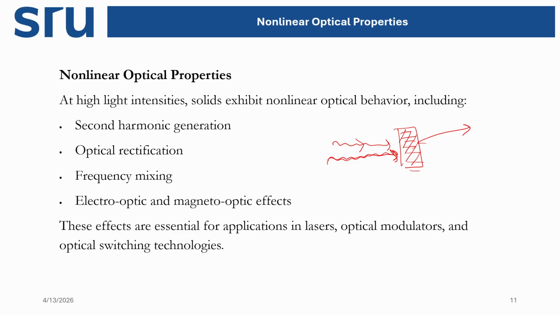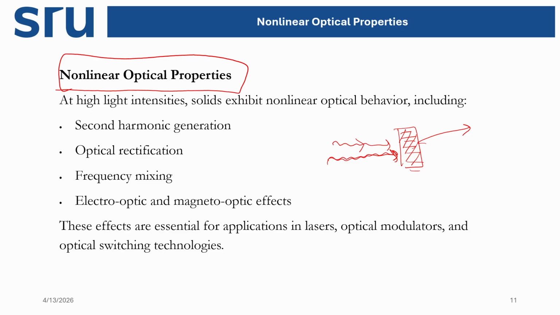When these kinds of things happen, we call it non-linear optical properties. It means there is no linear behavior, because I went to certain conditions where the material's property is no longer behaving in a linear way. So this process is called non-linear optical properties.